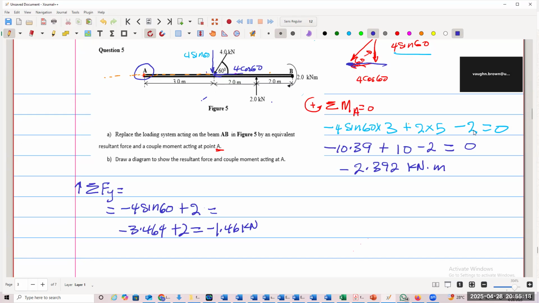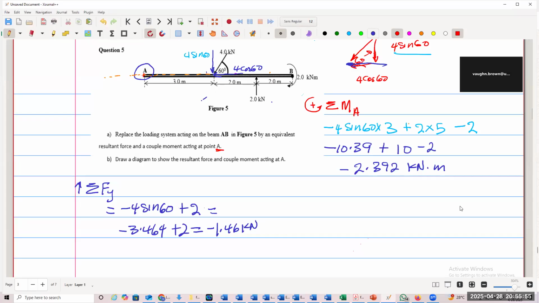You just take the moment about A. For equivalent forces, we don't necessarily equate them to 0, because equivalent forces are a little bit different from the regular expression. This is the only time that you don't necessarily equate them to 0. I forgot to tell you that, but that is important.